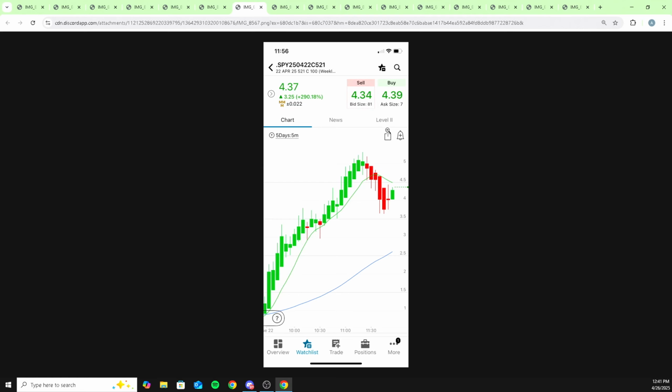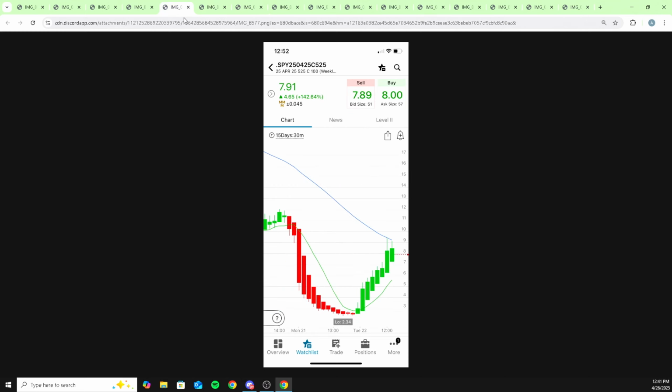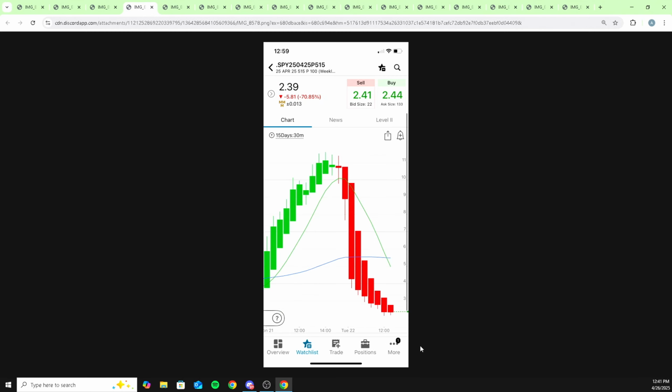A trade I was looking for was a dip to this 50 SMA, and a lot of people get confused on this. I know the market's neutral, but you could buy this 50 dip, because if you look here on the 30-minute chart, the bears are losing the trend and the 10 is going below the 50. In that scenario, you could buy the 50 dip on the call side, because this is the initial move from the negative cross.